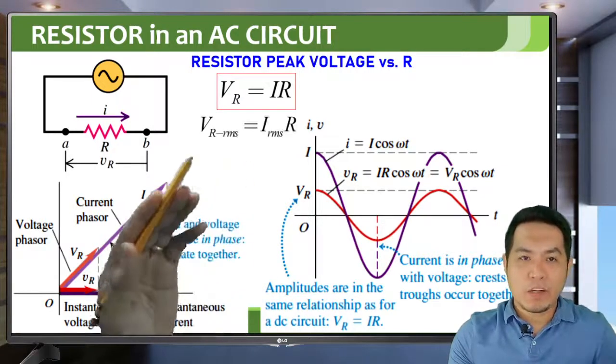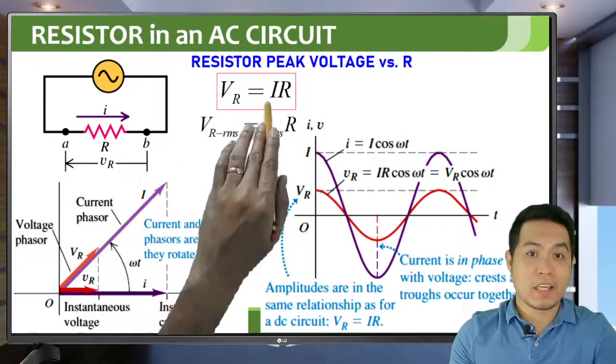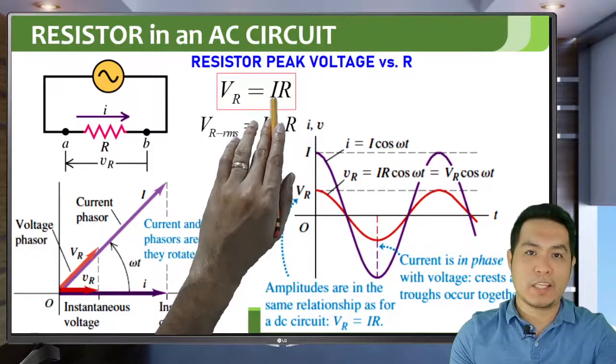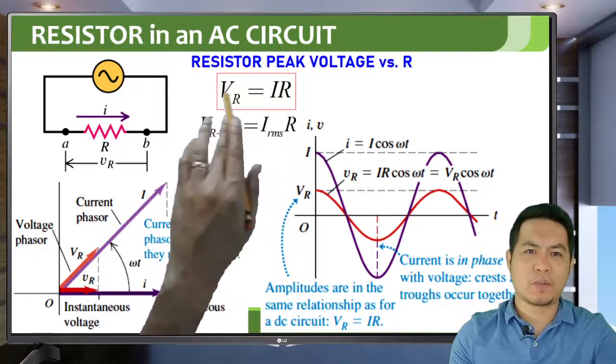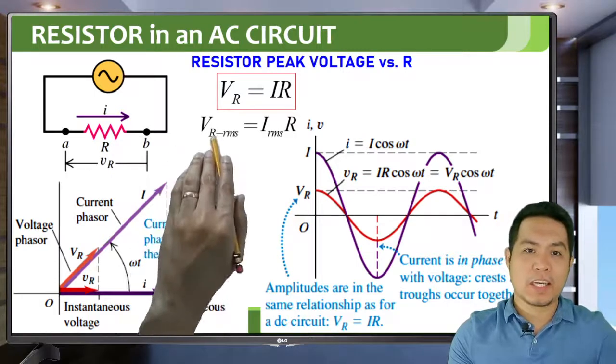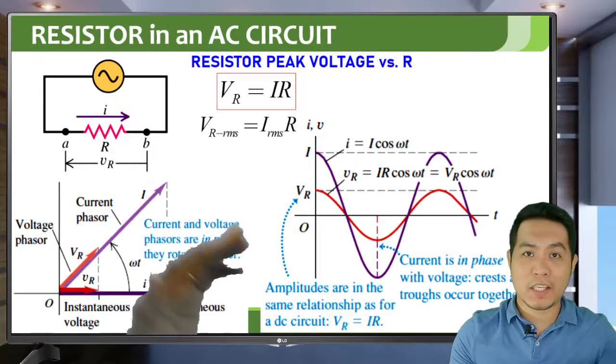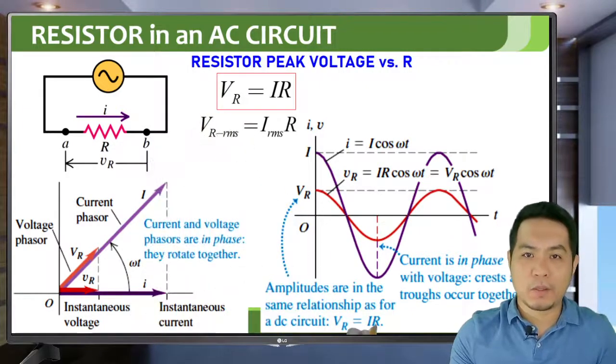You can actually replace the peak voltage and the peak current by the RMS versions, and you will still get V equals I times R, because the square root of 2 factors will just cancel each other out.